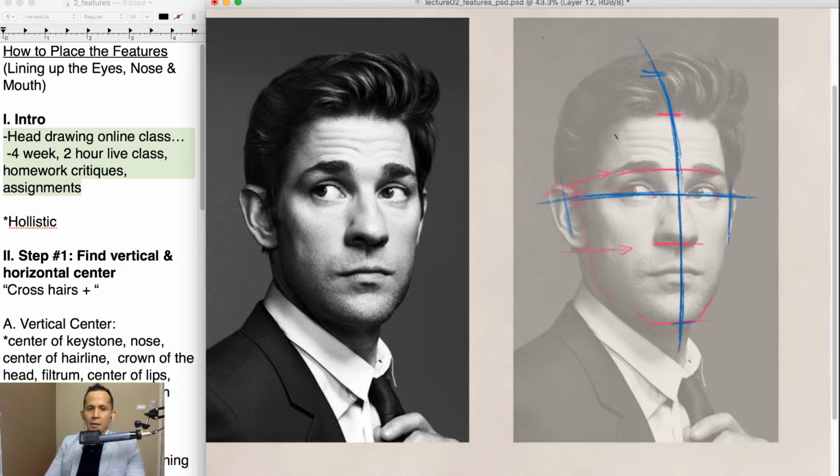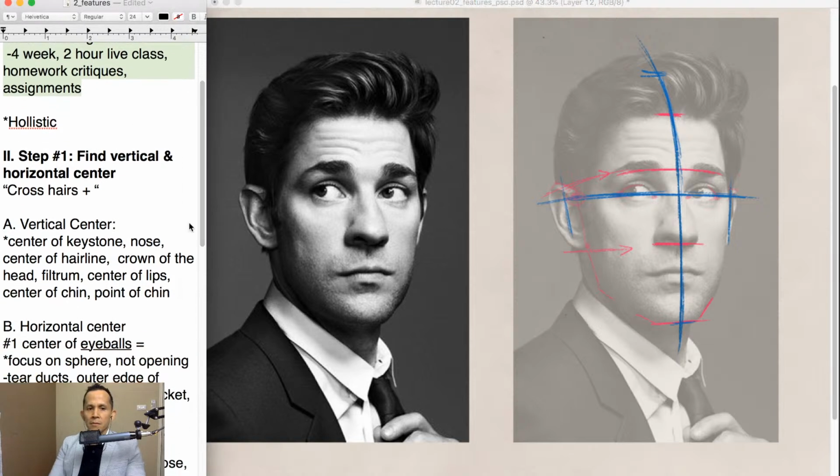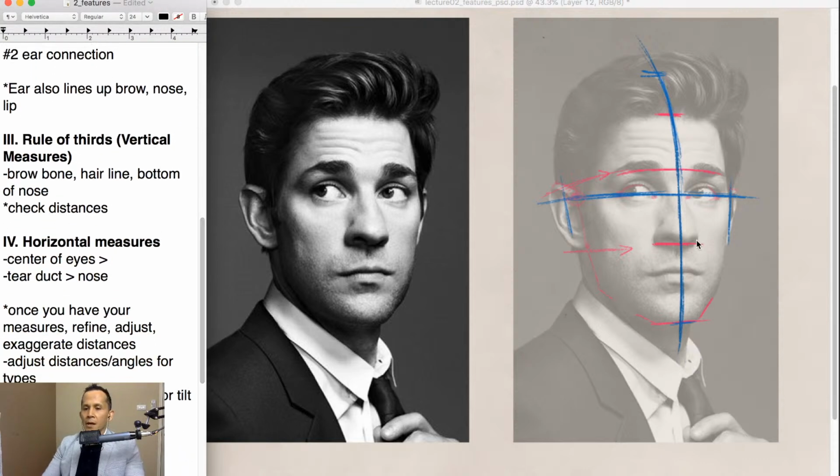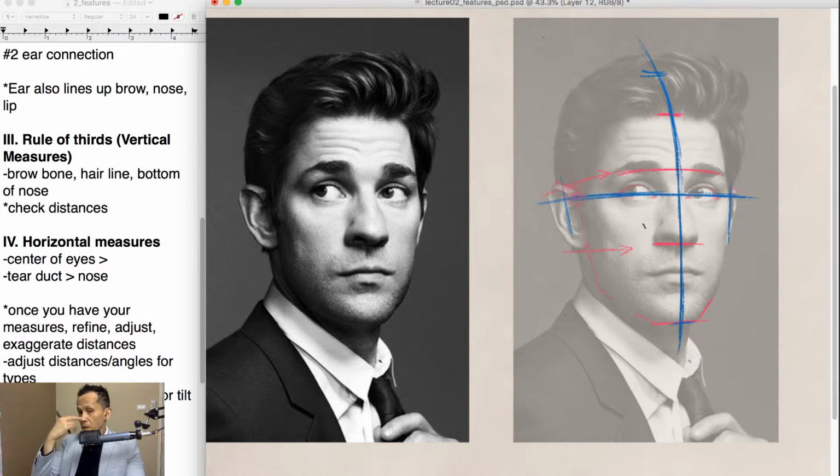Okay, next is the horizontal measures. And for me, the most important horizontal measure starts with, besides the keystone, because when I follow the keystone where it meets horizontal center, if I follow this down, it'll give me the top plane of the nasal bone and the nasal structure, the cartilage.